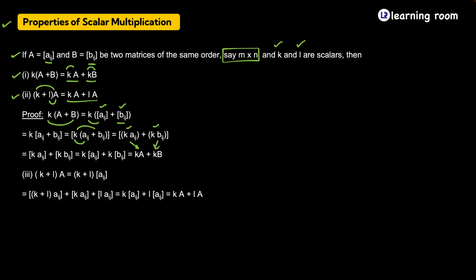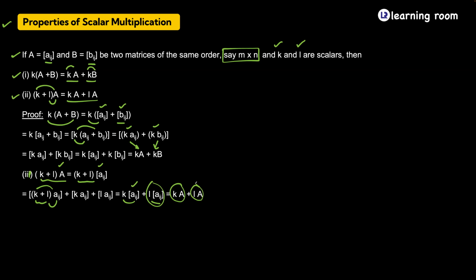What about the second one? If you look at the proof of the second one, (K plus L) into A is going to be equal to (K plus L) into Aij, which is going to be K into Aij plus L into Aij, which is again K into A and L into A. I hope you understood, right?